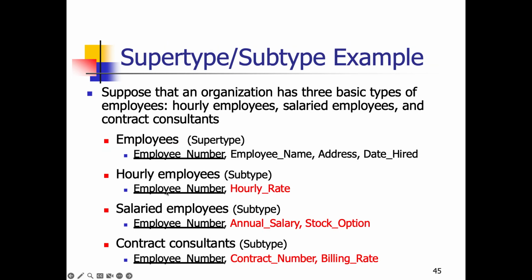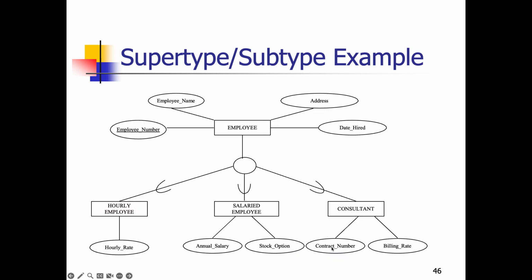For instance, if it's an hourly employee, you may have an hourly rate. If you have a contract consultant, you may have a contract number. So they also have some attributes of their own. And this is how we show them. For example, here's an employee, and then it could be hourly, salaried, or other types. Do you have any questions?